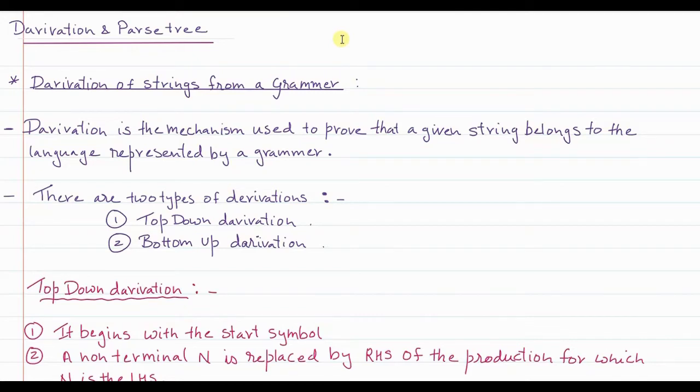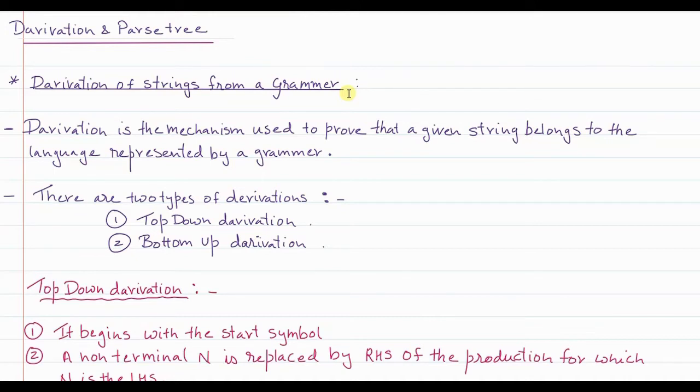Before we begin, we have already seen the meaning of derivation of a string from a grammar. In our previous two lectures, where we were solving problems, given a language, we were designing a context-free grammar. After designing the grammar, we were checking whether the grammar is correct or not.